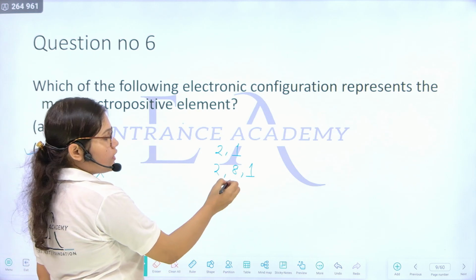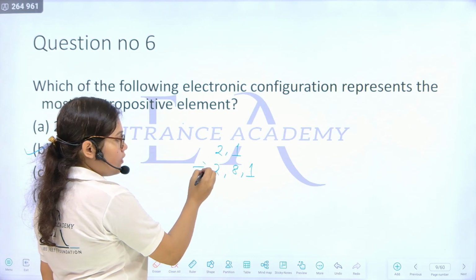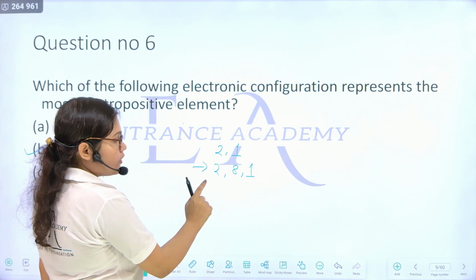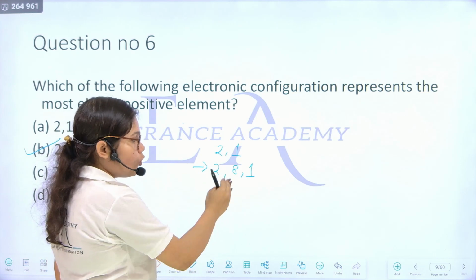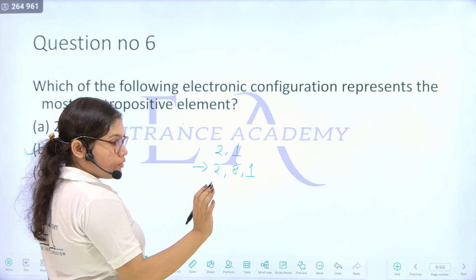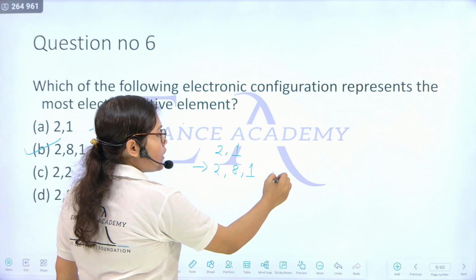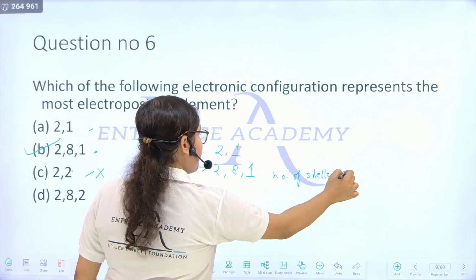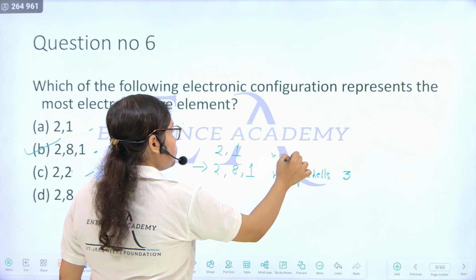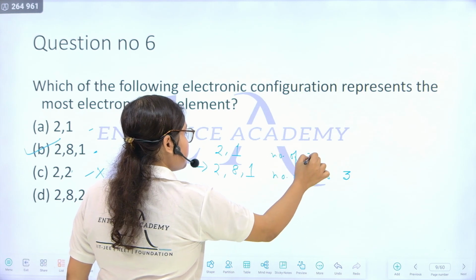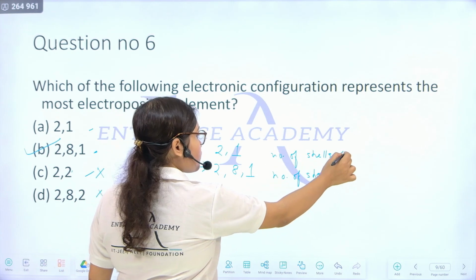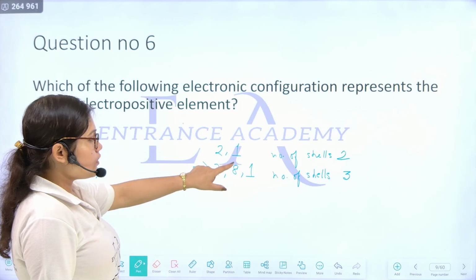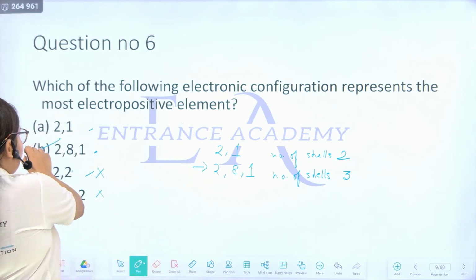Because in this element the distance is maximum, more than the first one. It has 3 shells, while the other has 2 shells. So the answer is 2, 8, 1.